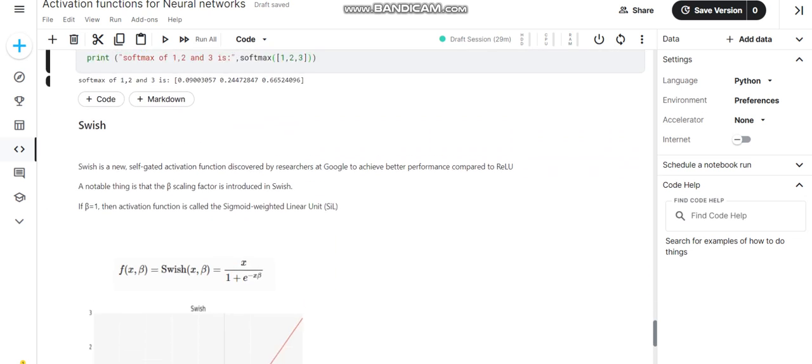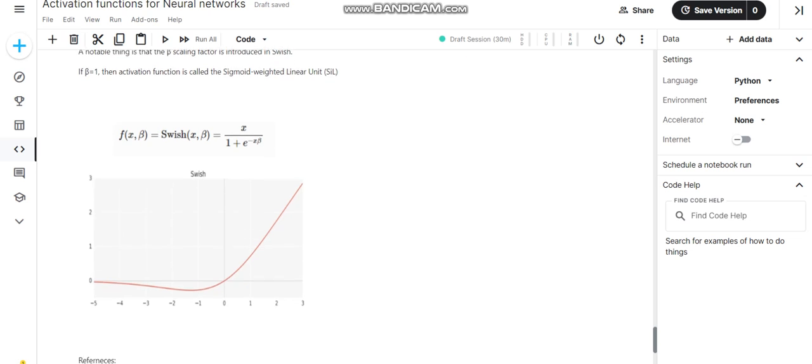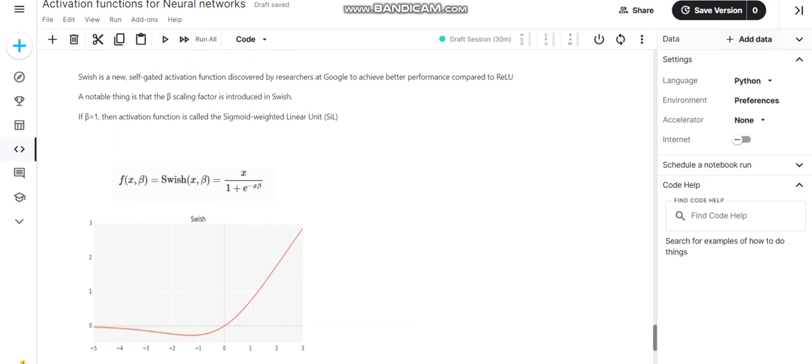The next is swish. Swish is x divided by 1 plus e to the power minus beta x. If beta is 1, the activation function is called a sigmoid weighted linear unit. This is how a swish function looks like.